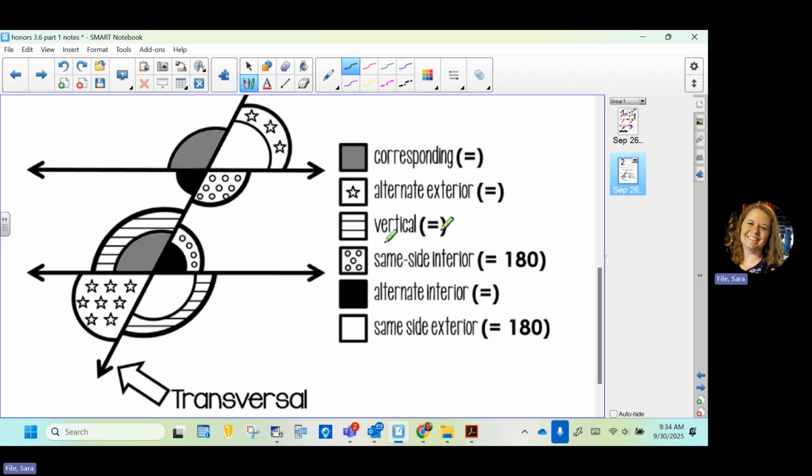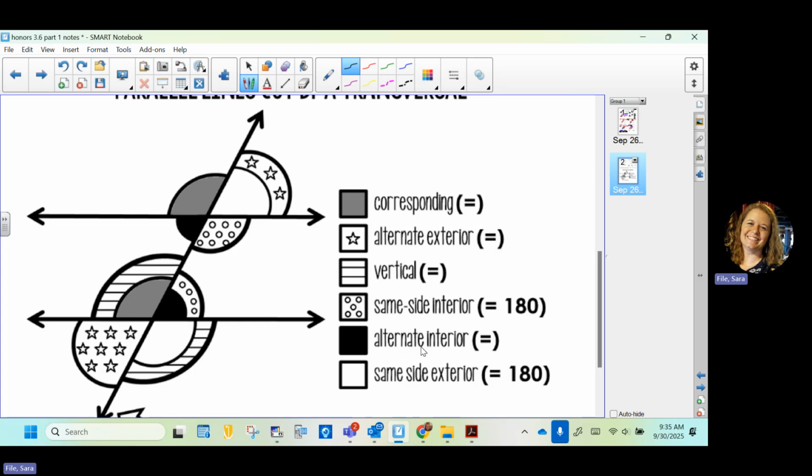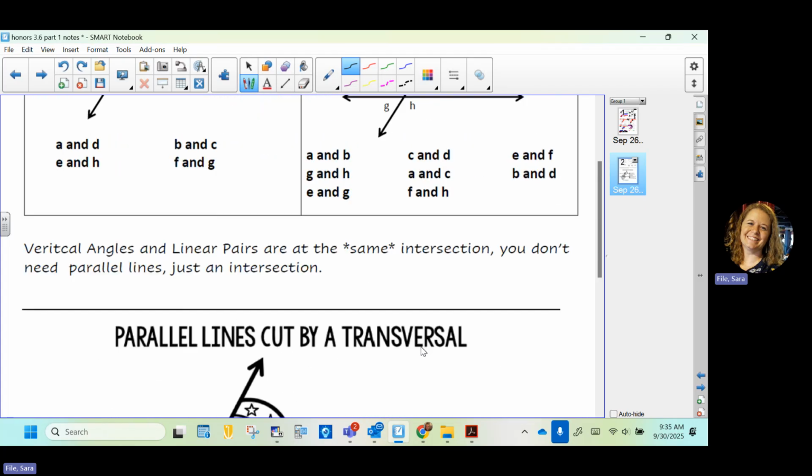So same side interior and same side exterior add to 180. All of the other angle pairs, alternate interior, alternate exterior, corresponding, and vertical, okay, those all are congruent. Okay, so this is just a reference image. If you want to color code it, you can. It's just there to put them all together in one image.